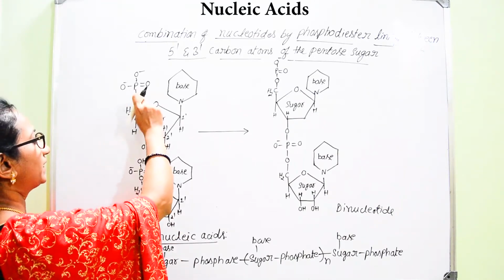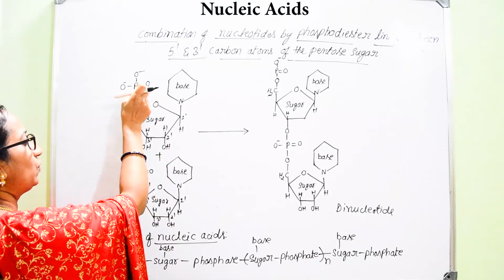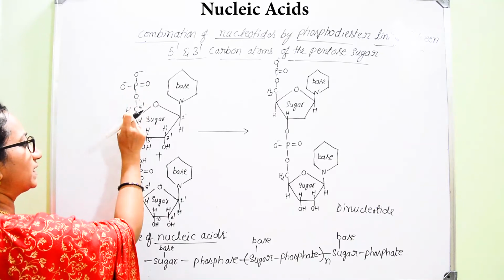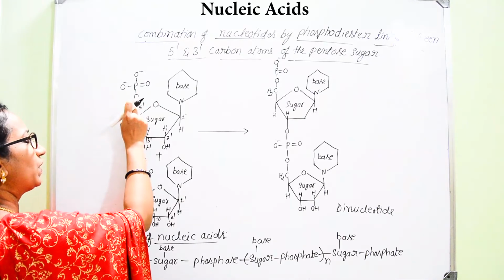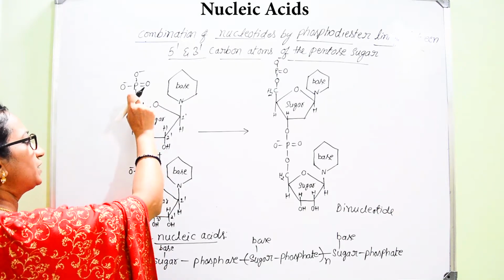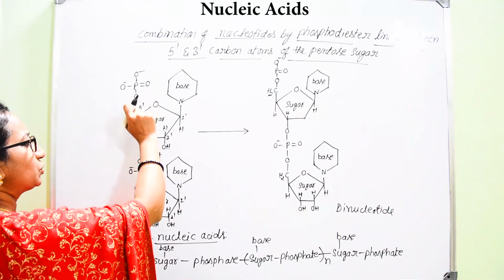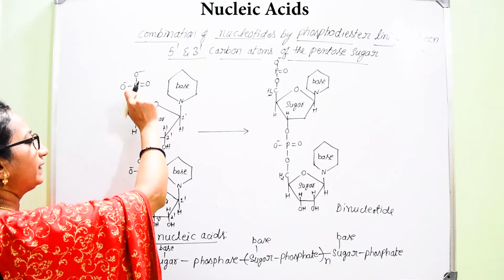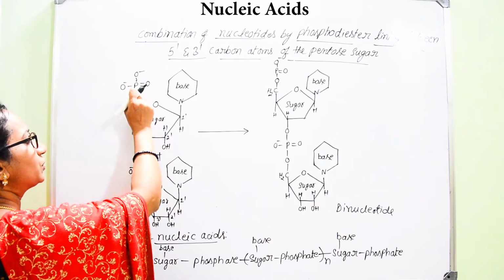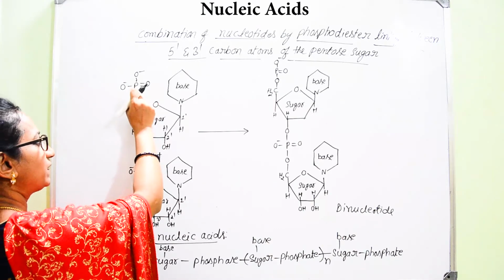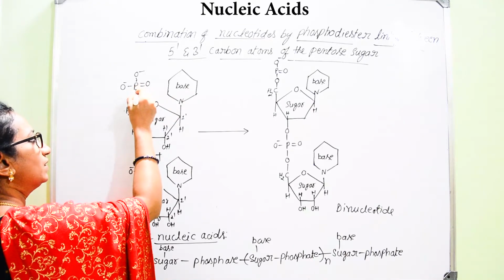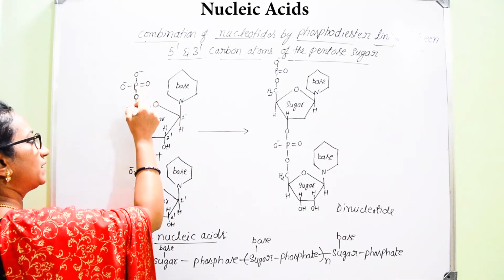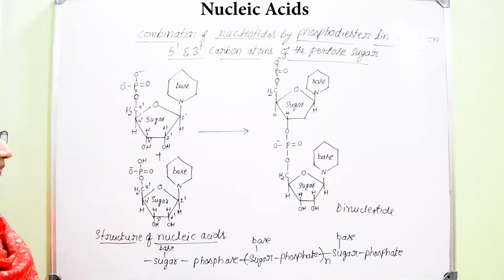Now, you can guess, H3PO4, once it interacts with the fifth carbon atom, that is the CH2OH group, then the OH from the CH2OH group interacts with the hydrogen of the phosphoric acid group, and it is removed in the form of water to give this phosphorus oxygen linkage to the fifth carbon atom.